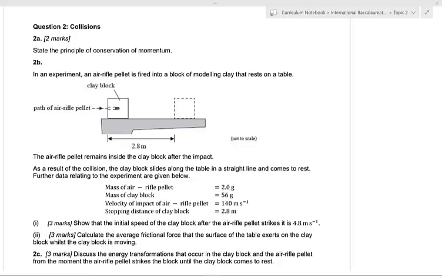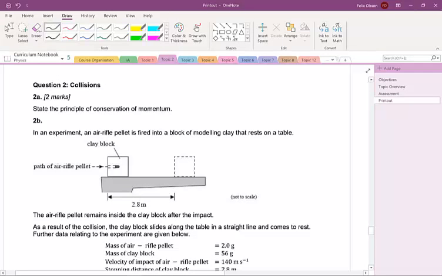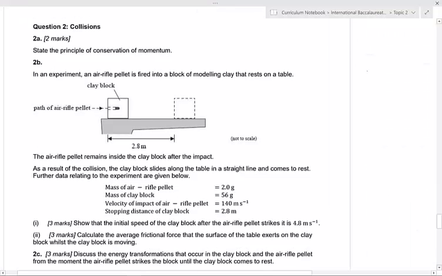So we need to remember that, let me just grab a pen. So the total momentum is conserved, and that's the first point.